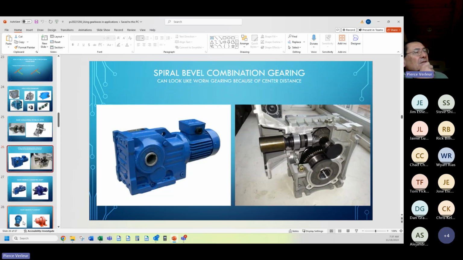This is another look, but this is a double reduction gearbox. It's a combination. You can combine the geometries together to create what you want. Here we have a spiral bevel, and here we have a straight tooth pinion and driven gear.